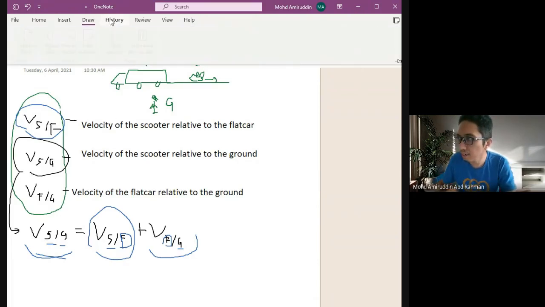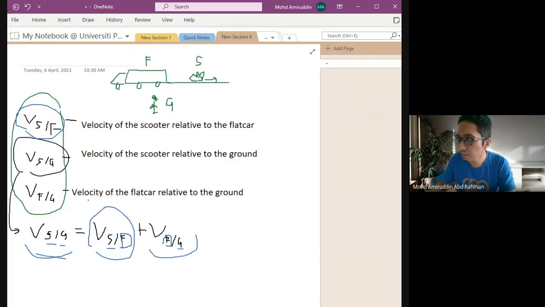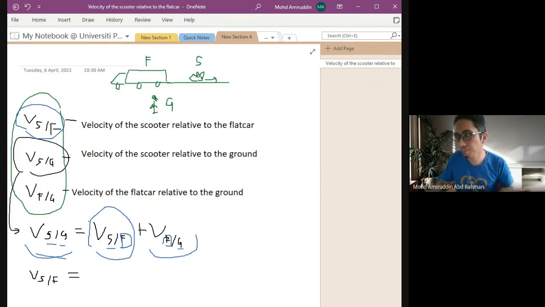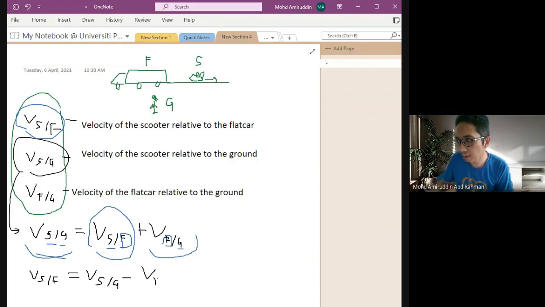So we rewrite that again: VSF equals VSG minus VFG.